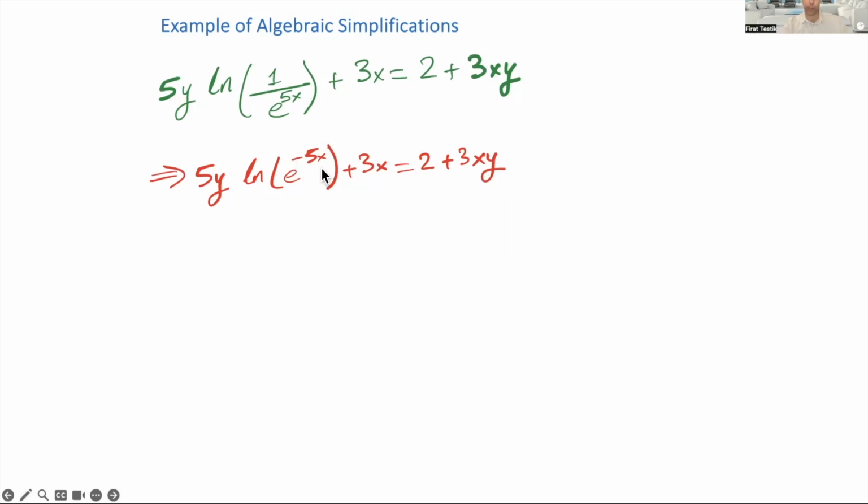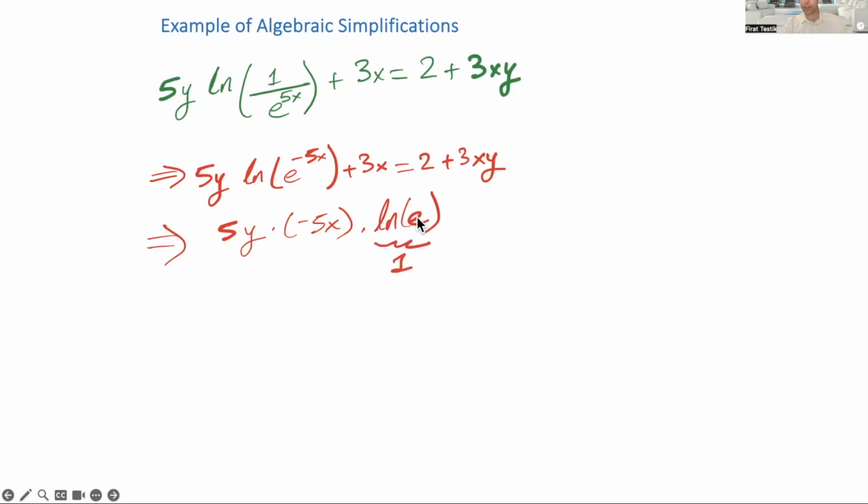Now, we have a negative 5x as the exponent, which we can make a multiplier. So just focus on this first term. We have 5 times y. Now the exponent becomes the multiplier because of the properties that we just covered. So 5y times negative 5x times ln e.